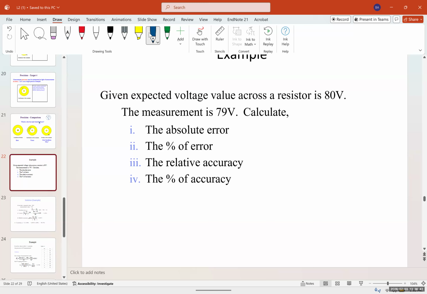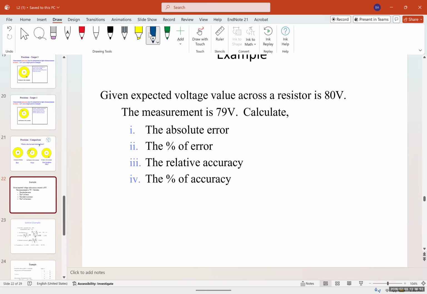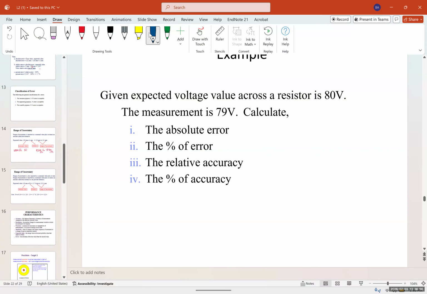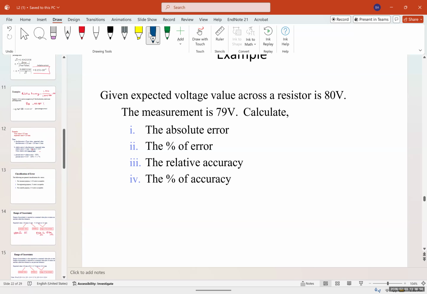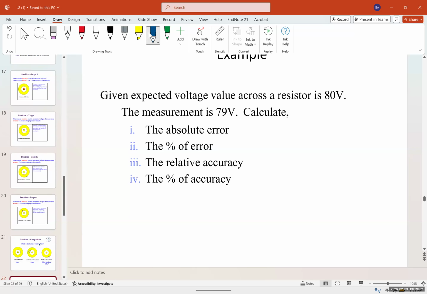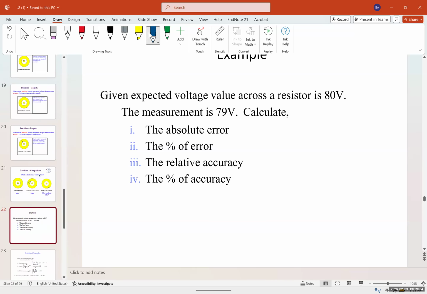So it's just the accuracy, the relative accuracy that we found. So the relative accuracy, is that not the same as the percent of accuracy?